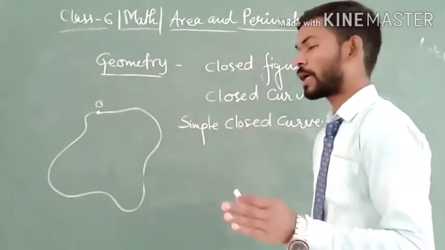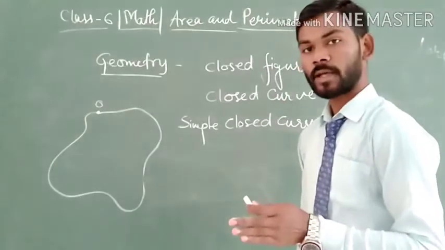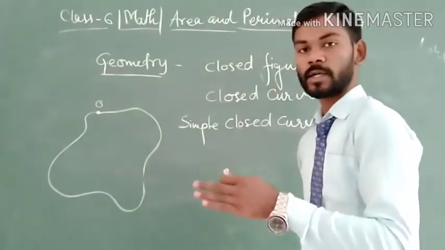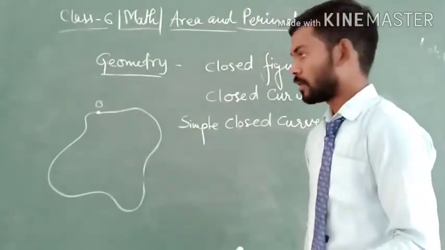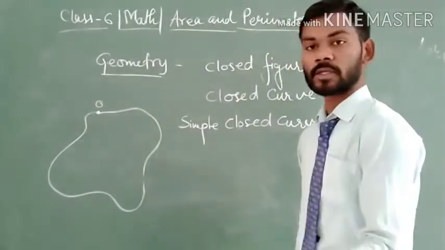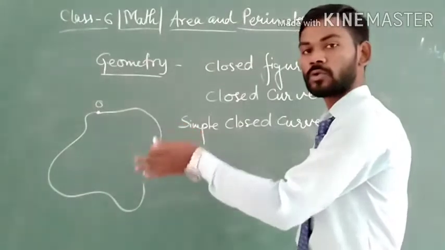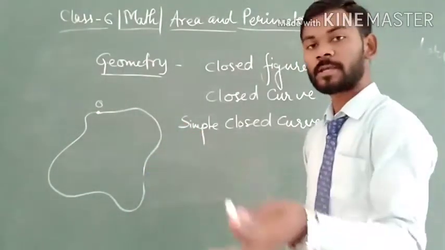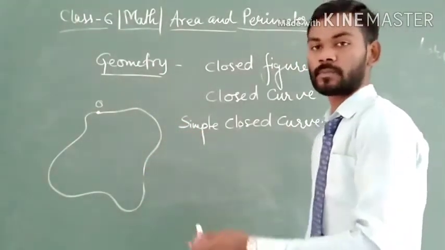Since the point stops moving at the same point where it started, it forms a closed locus, and hence this closed locus is called a simple closed curve.